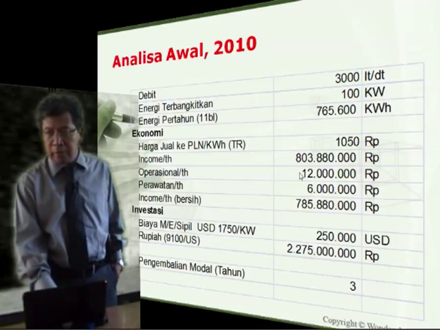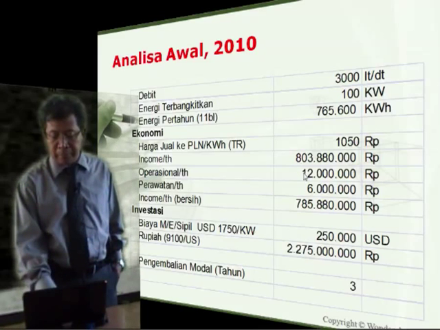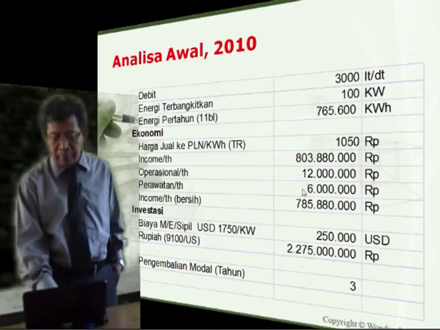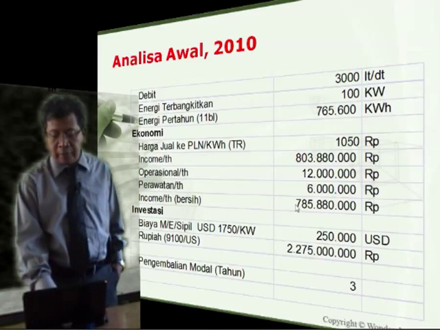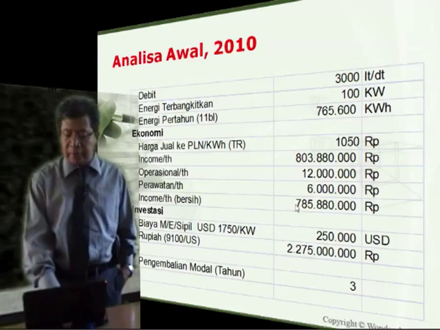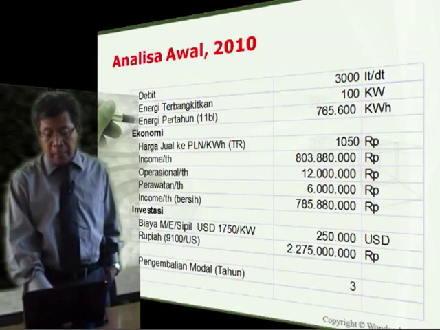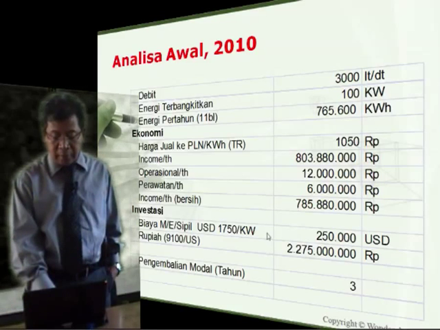Let's say operational is 12 million per year and maintenance 6 million per year. Then you have the net income of 700 million rupiahs.